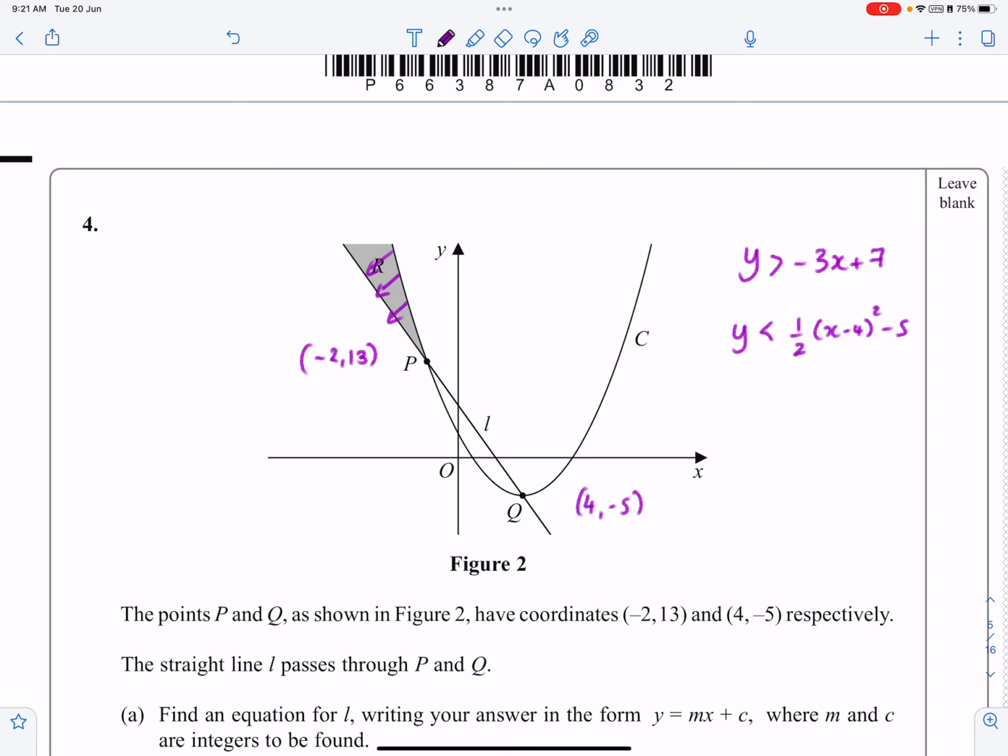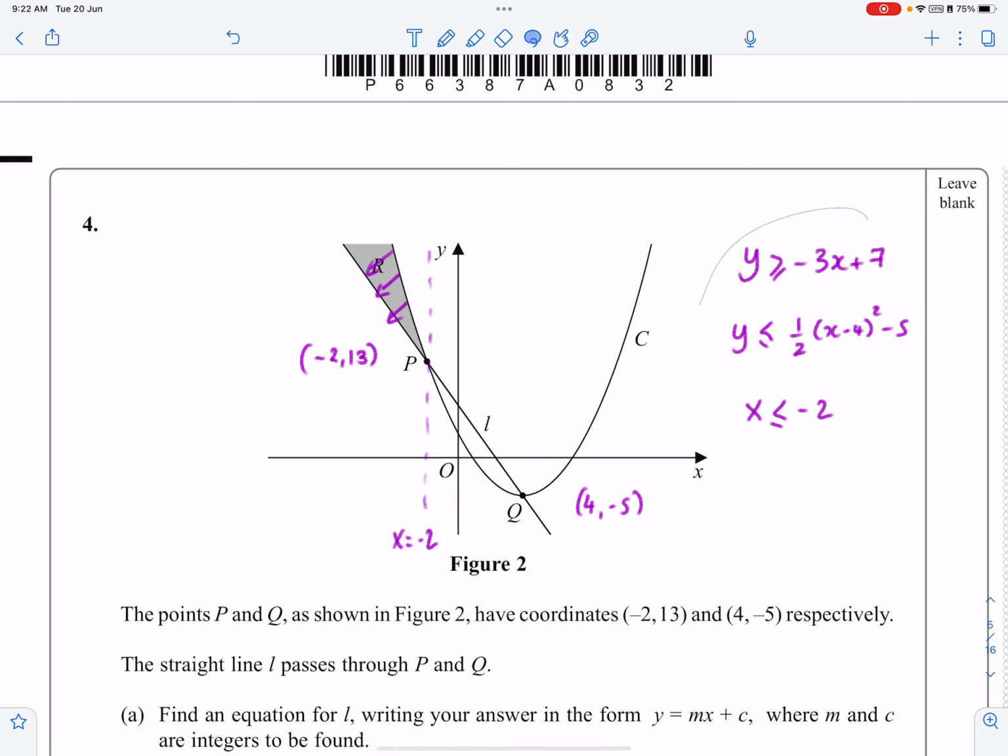The only thing to be aware of then is that that region would also occur down here somewhere if we weren't careful. So we've also got to say, if you imagine that there's a line there, and that line is x equals minus 2, because we know the coordinate there, you've also got to have x is less than minus 2. Now, less than or equal to or greater than or equal to is just dependent on whether the line is a dotted line or not, and it's not a dotted line.